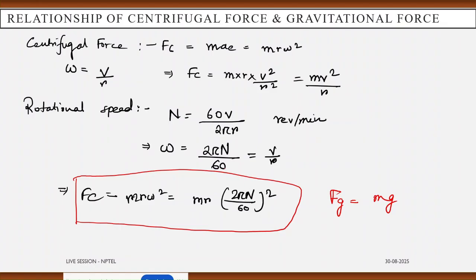How the relation works: Fc by Fg becomes 0.00118 times r times N square. This is the equation we were talking about.